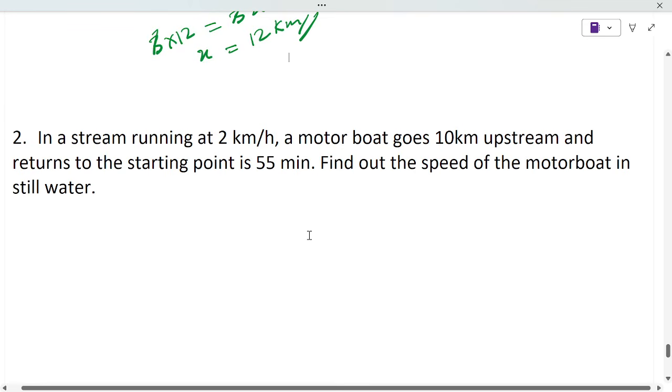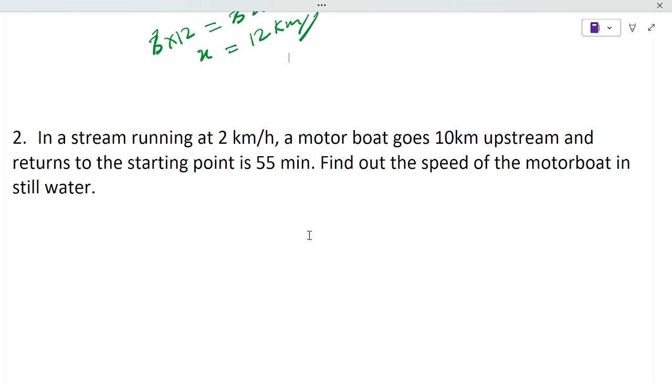Next one is: if a stream running at 2 km per hour, a motorboat goes 10 km upstream.